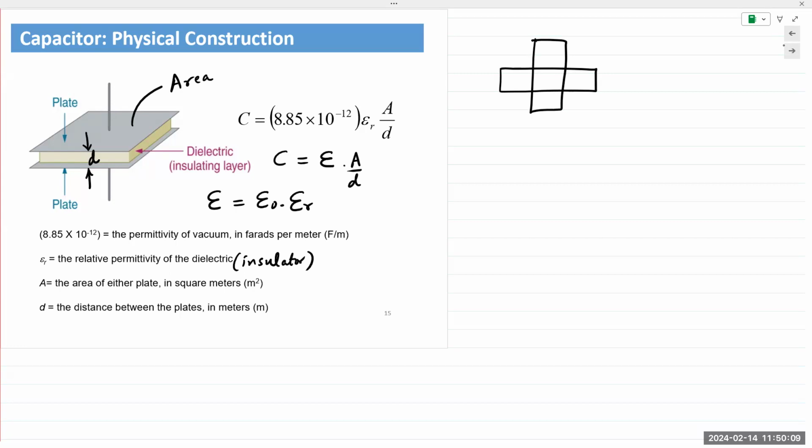So if you have 2 rectangular plates, for instance, separated by an insulating material, the only place where you have 2 plates is the overlap. So this is the only area we would look at, the area of overlap. We do not have a capacitor in any of the other areas, only in the places where the two plates overlap.